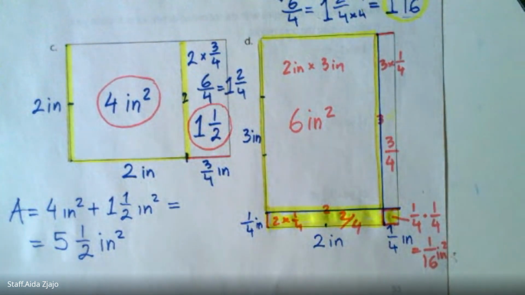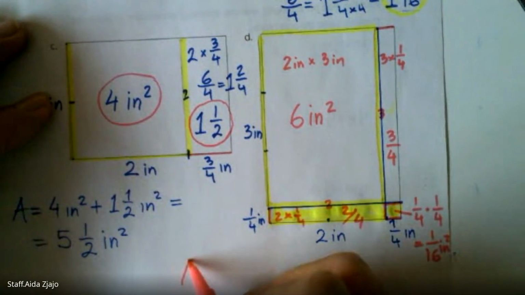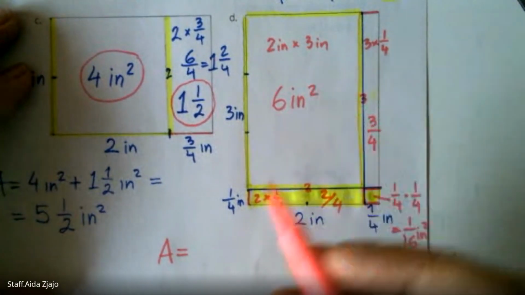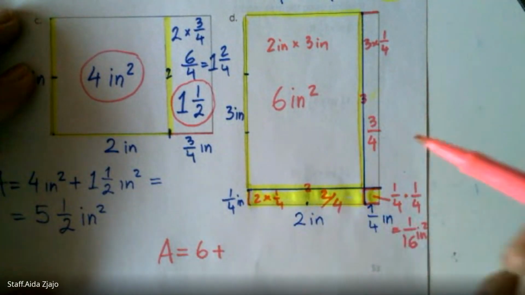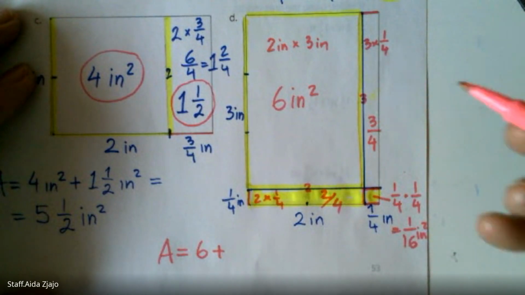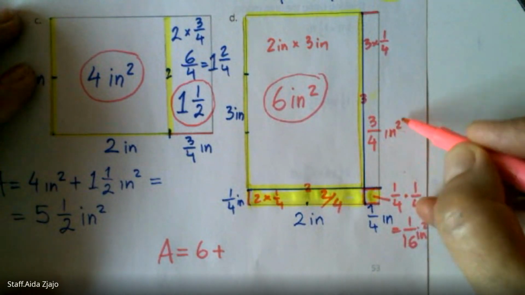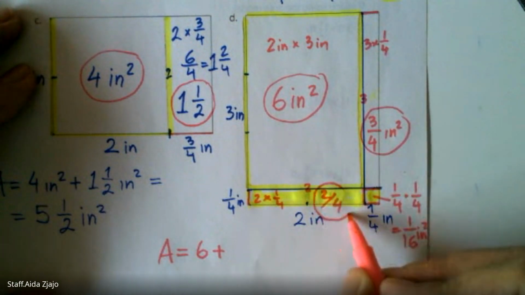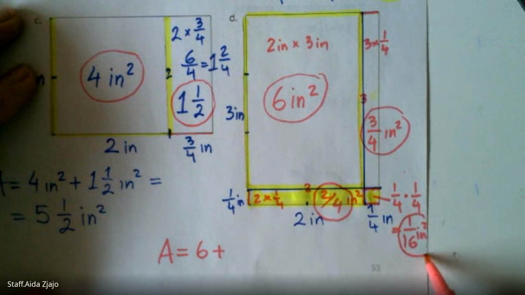So now I'll put that all together. Area of D is 6 square inches plus 3/4. I'm going to circle this. So this is square inches. So that is this area. And this is the last one from that one here.